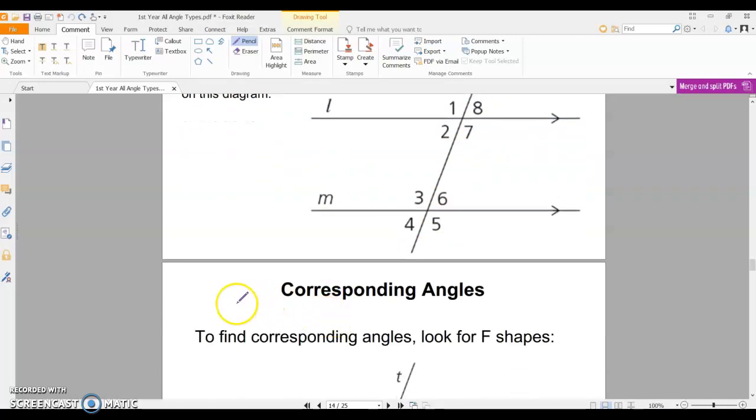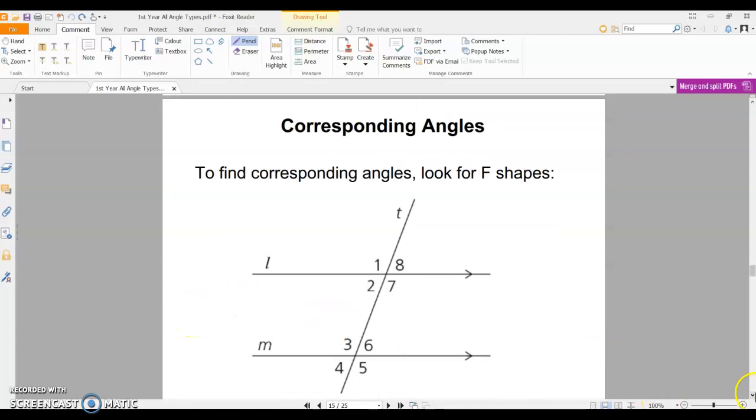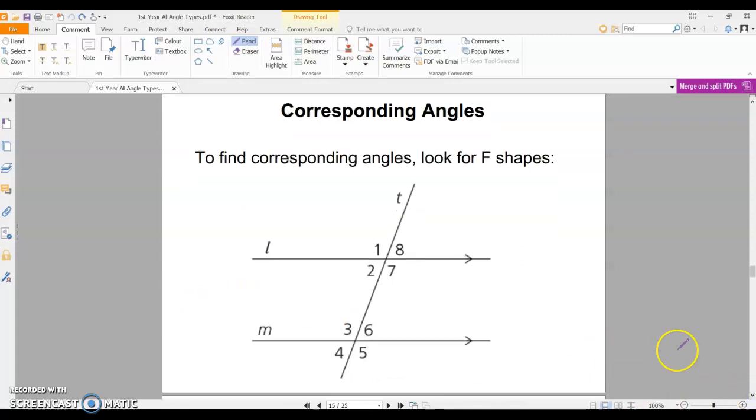What I'm going to move on to now is a couple of new angle types or new kinds of relationships between angles. And the first one is corresponding angles. To find corresponding angles, you are looking for F shapes that those three lines make. Okay, so the most obvious one there is that F shape there.